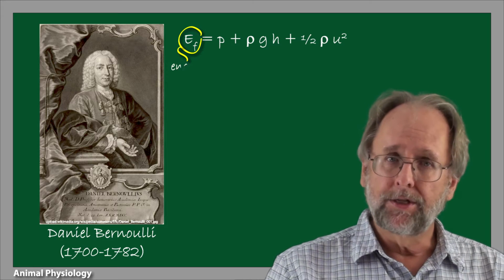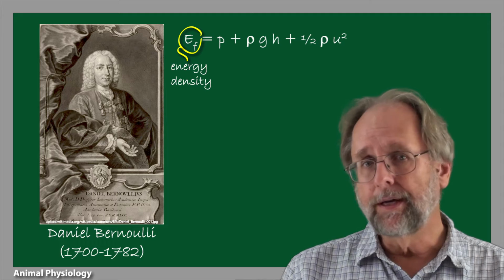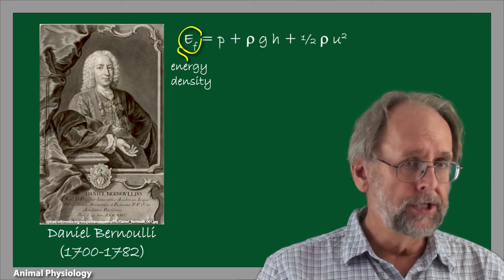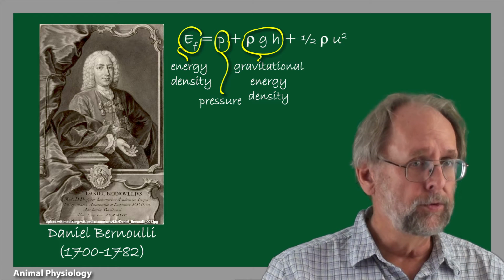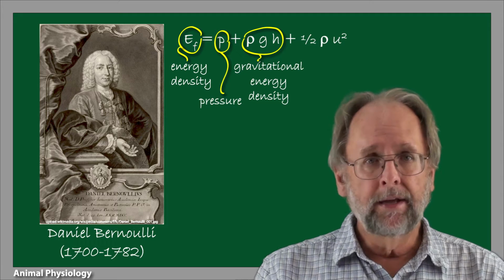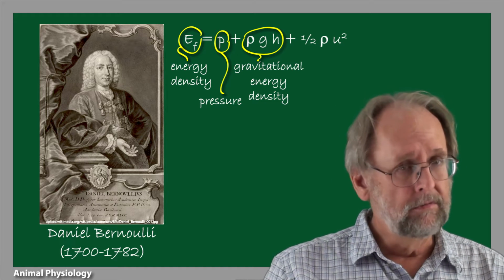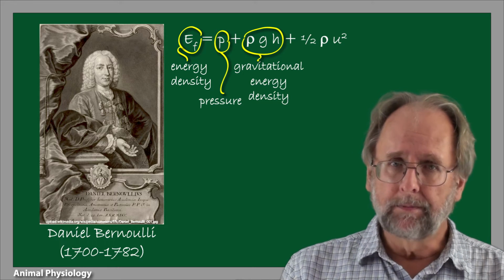It relates the energy density of a parcel of fluid, E sub F, as the sum of three alternate forms of energy: pressure, P; the gravitational energy, which is the product of the fluid density ρ, the gravitational acceleration g, and the height of the parcel h relative to some equilibrium state. This is the fluid's weight.